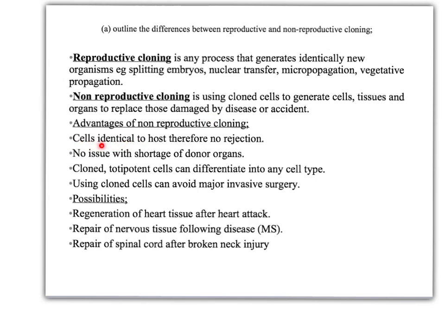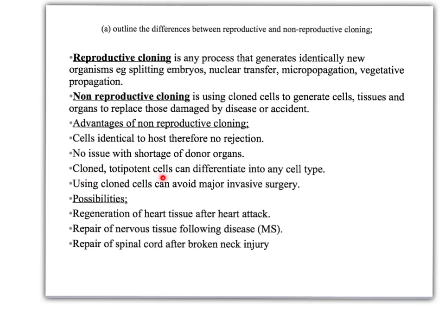The cells that you use for transplanting would be identical, therefore there wouldn't be any immune response and tissue rejection. Potentially there's a very large amount of donor organs or donor tissues that could be produced, and therefore the issues that we talked about with xenotransplantation would be avoided.